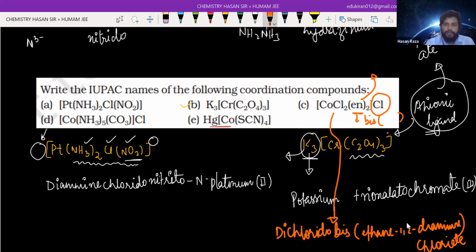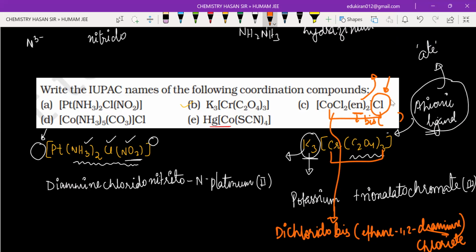There must be a space between this coordination entity and the counter ion. Got it? You forgot this chlorine. So it will be some space, then chloride. Whether chlorine is 1, 2, 3, it doesn't matter. Chloride, you just need to write. Okay, please do the rest one.